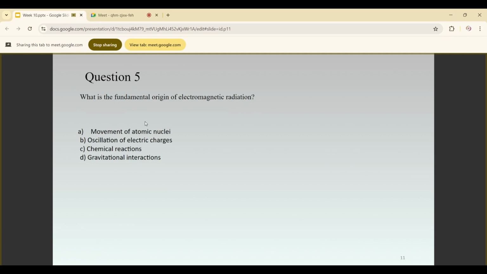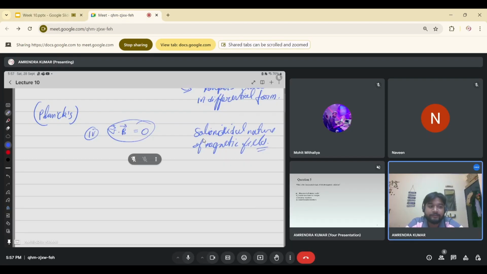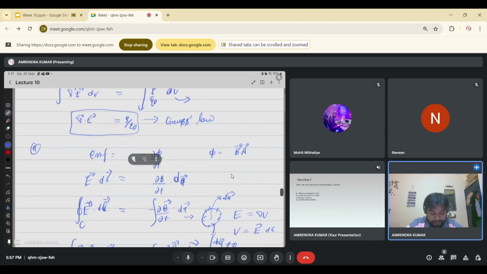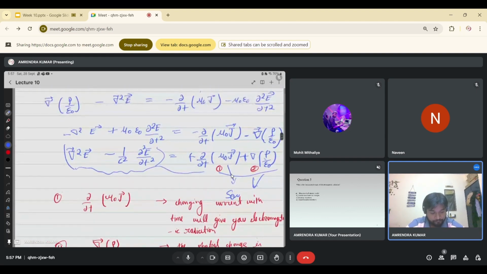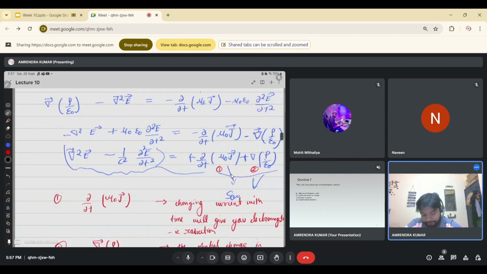And then our next question is, what is the fundamental origin of electromagnetic radiation? Fundamentally, we just talked about it: if you see the electromagnetic wave equation, here, this part is the charge, and this part is the current.